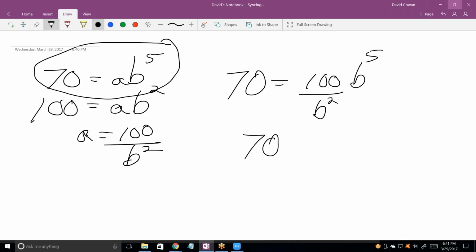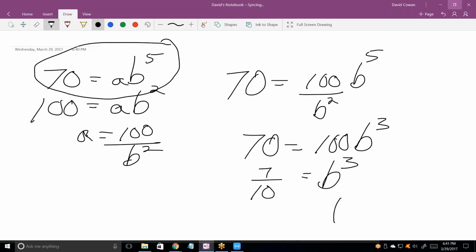So 70 equals 100 b cubed. B cubed equals 7/10. B equals the cube root of 7/10.